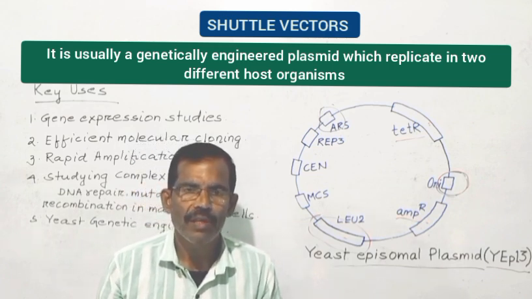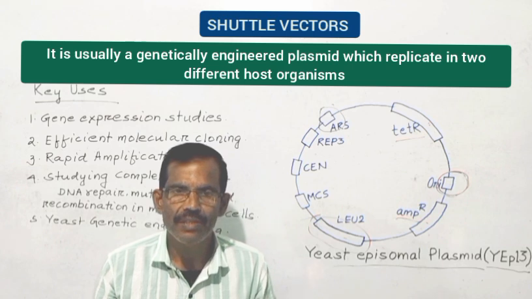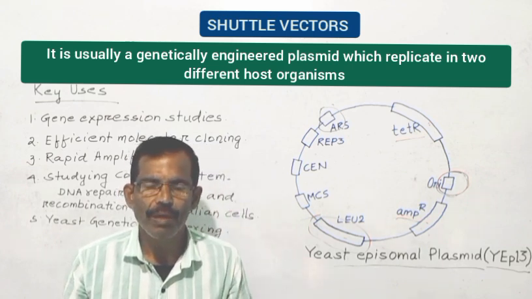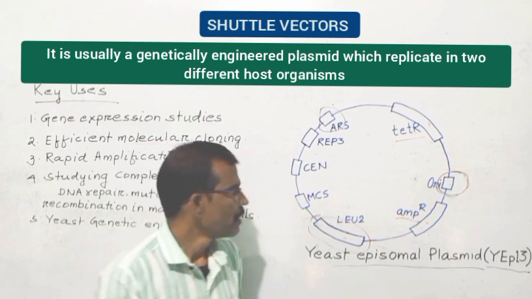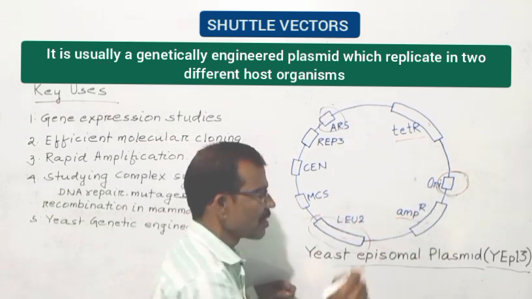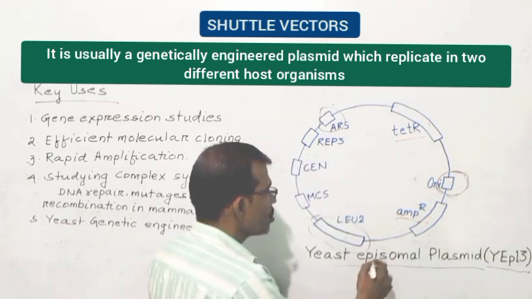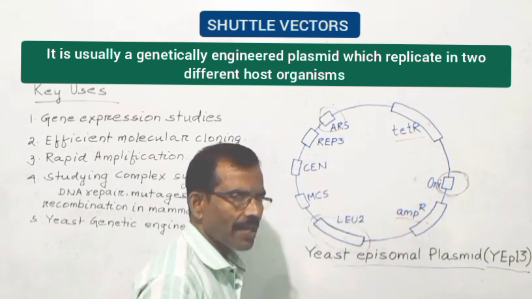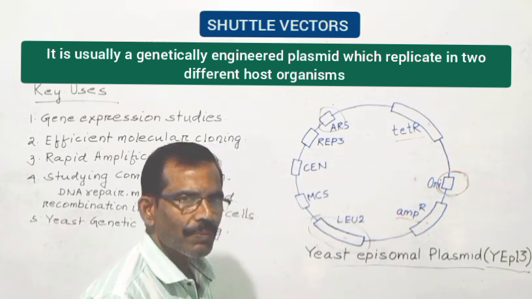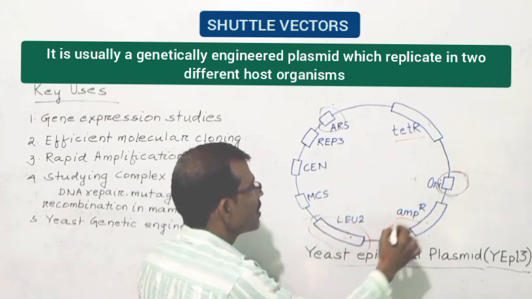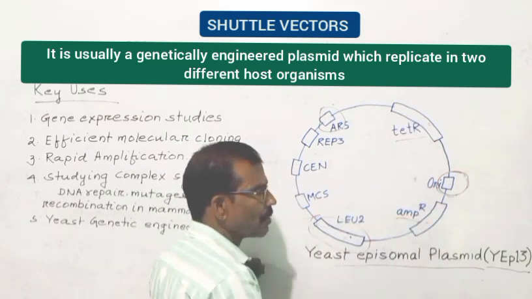One of the commonly used shuttle vectors is yeast episomal plasmids, which are high copy number shuttle vectors. This figure illustrates the structure of YEp13, which is a yeast episomal plasmid containing two types of components: yeast components and E. coli components.